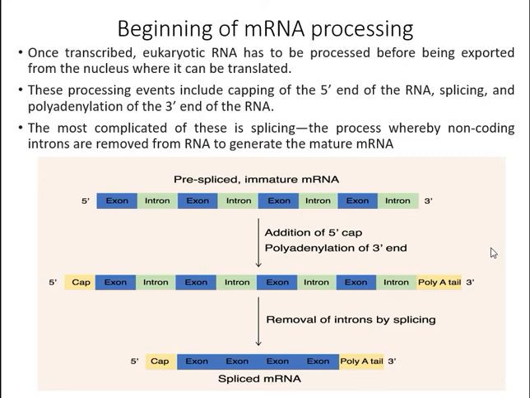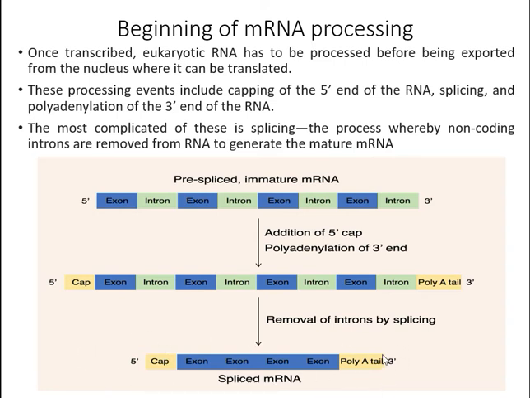One is that a cap is added at the 5' end. Second is that a tail is added at the 3' end. So, 5' capping and 3' tailing. A poly A tail will be added and the introns will be cut off, and finally you get the spliced mRNA which will be sent to the cytoplasm for translation.